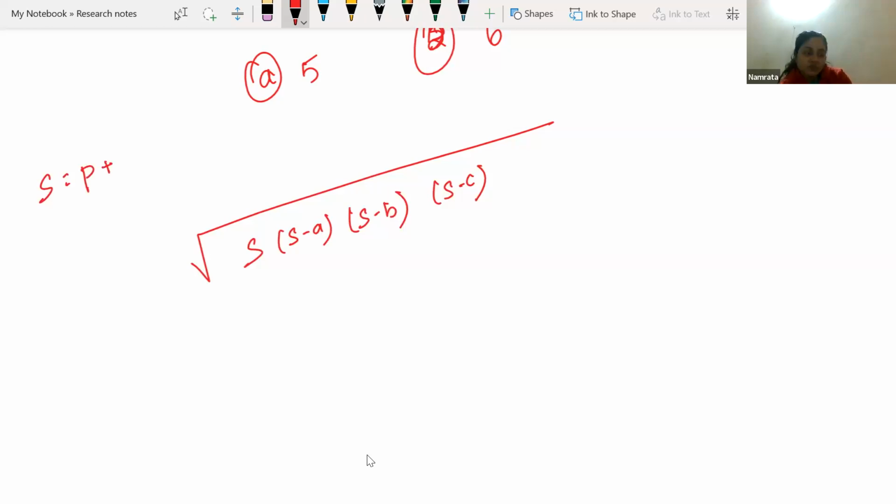We are having one side as P, another side as P plus 1, and the other side as 2P minus 1. Let's simplify. P plus P is 2P, 2P plus 2P is 4P, plus 1 minus 1 will cancel out each other. So 4P over 2, that means 2P is S.